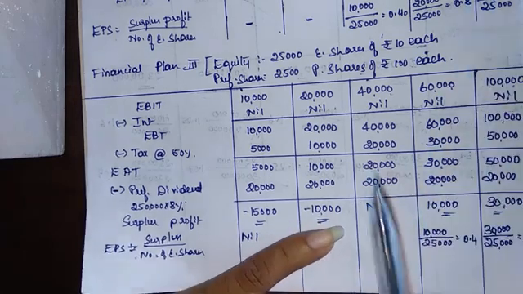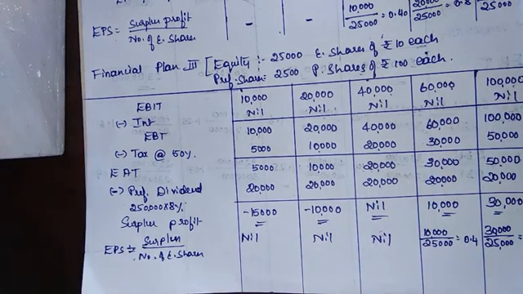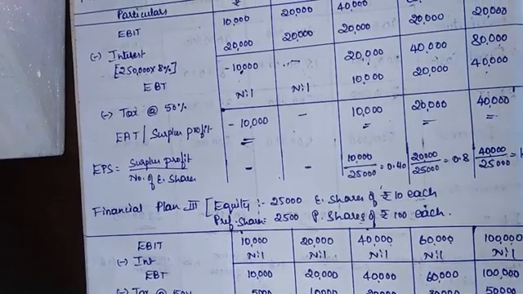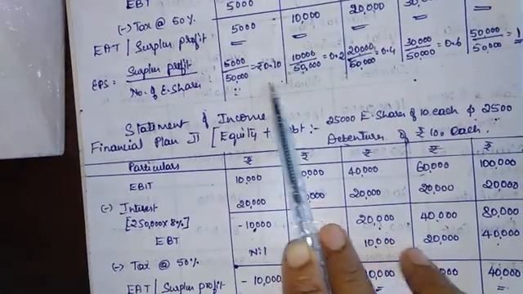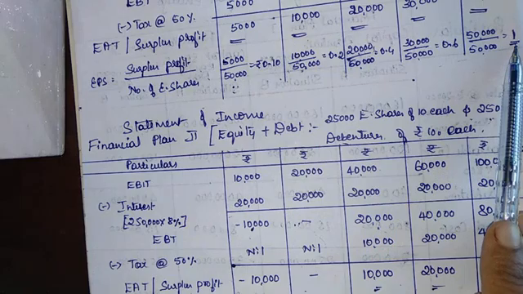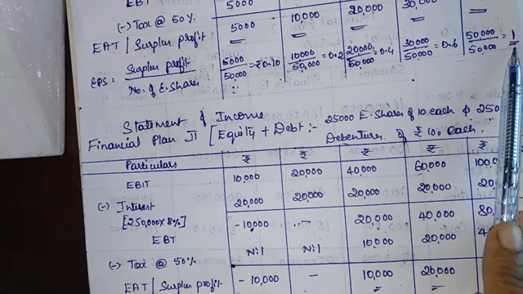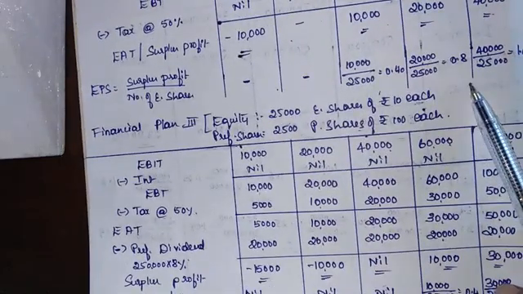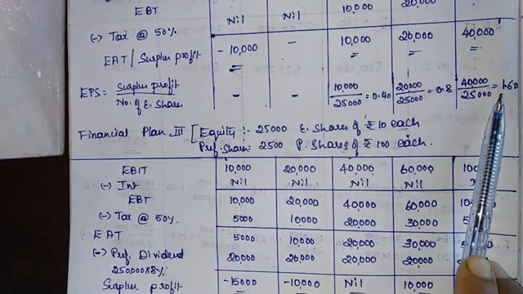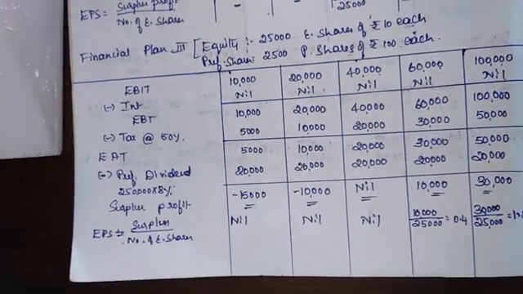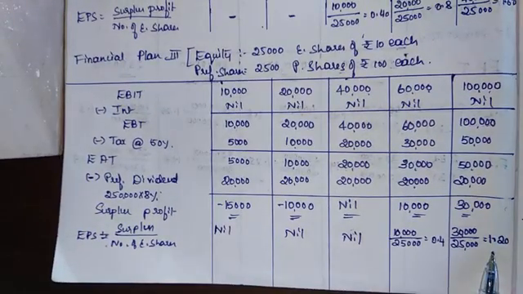Now we have to recommend which is the best alternative, which alternative they need to take up and why. Based on EPS, in the first plan EPS is maximum at the fifth EBIT, rupees 1. In financial plan 2, at the fifth EBIT EPS is 1.60, and in the third plan EPS is 1.20 at the fifth EBIT.